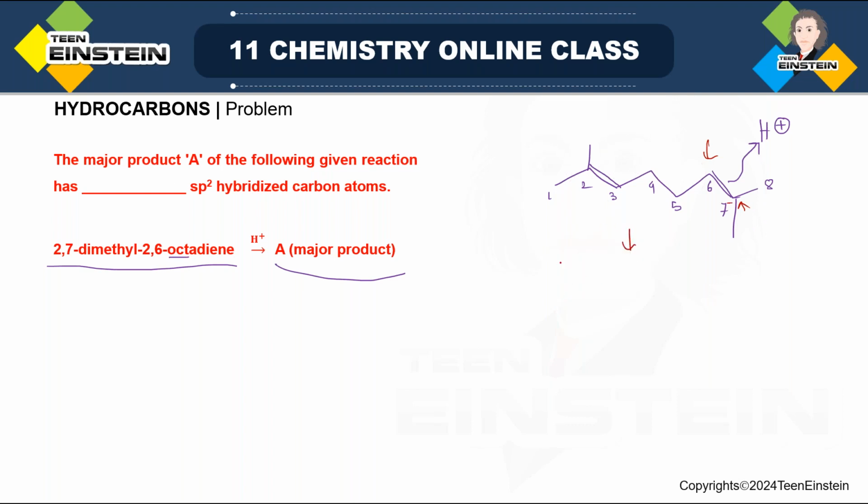So if we draw it, this double bond is intact. Hydrogen is attached to this carbon number 6 and we are getting the positive charge here. Now what will happen? Because we do not have any other reagent, the next thing that is going to occur is attack by the C=C double bond which is already present in the molecule.